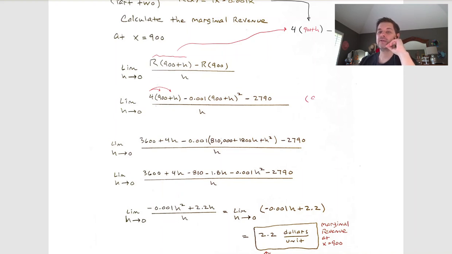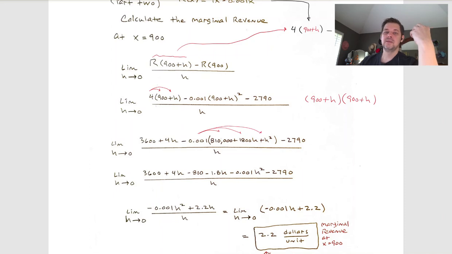So when I do 900 plus h squared, that's 900 plus h times itself. If we use FOIL multiplication on that, 900 times 900 is 810,000. And then I'll get 900h, 900h, that's 1800h. And then I'll get h times h, h squared. Okay, so that's what I'm working with now. And then, like I said, I have to distribute through like this.